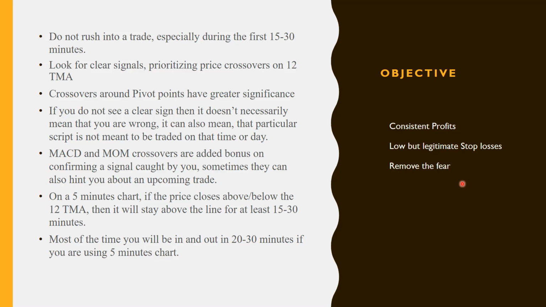You enter a trade, you stay in the trade, your stop loss gets triggered, and then the stock moves in the direction where you wanted it to move to begin with, right? So by following this rule of using the 12 period triangular moving average as your stop loss and trailing stop loss, you will have a lower stop loss which is legitimate, and it won't get triggered if you're reading the chart right.